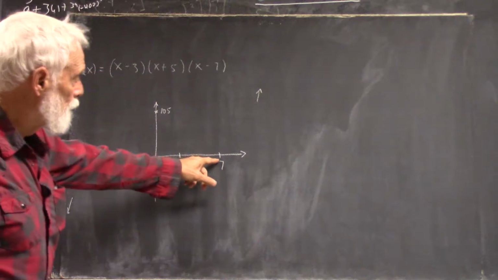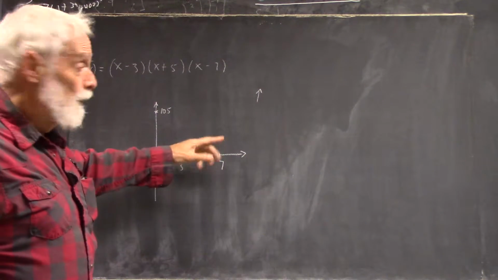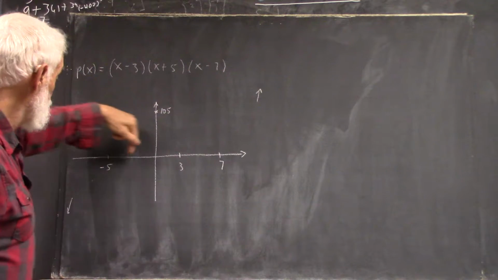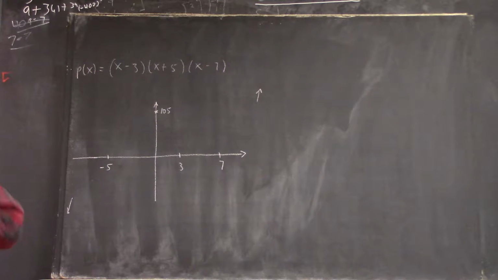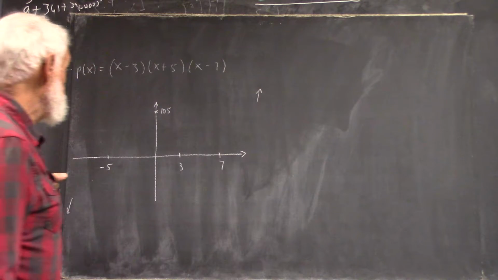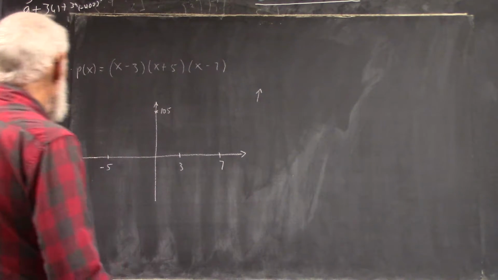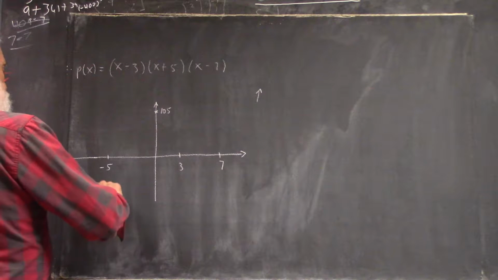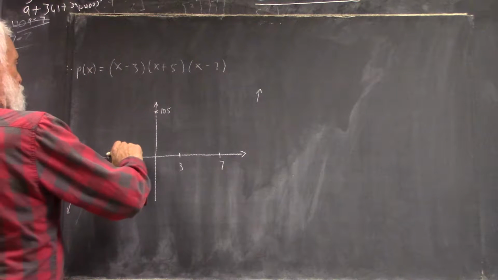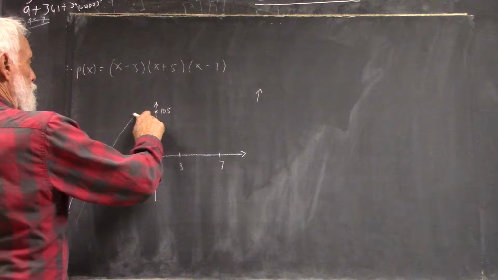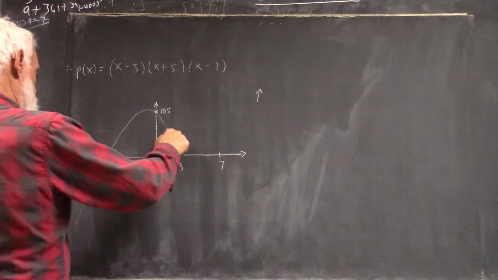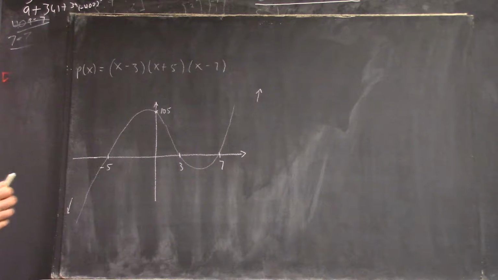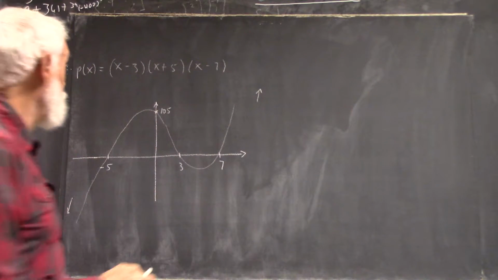So after you pass this last 0, it's going to tend to go up very steeply. And after you pass the last 0 going this way, it's going to do that too. Okay? So we know that the function is going to have a graph that does something like this. Right?